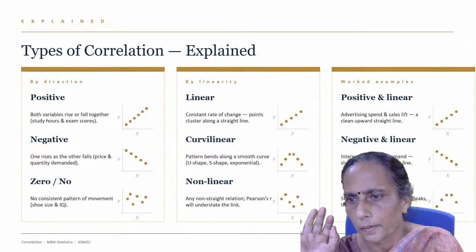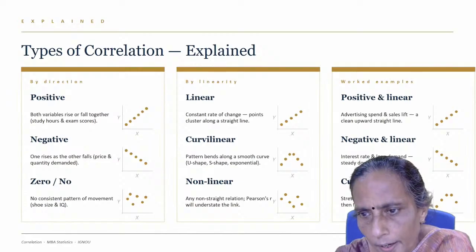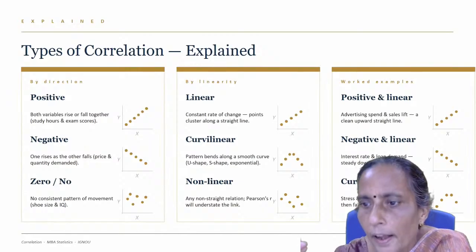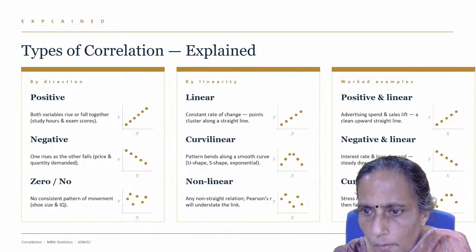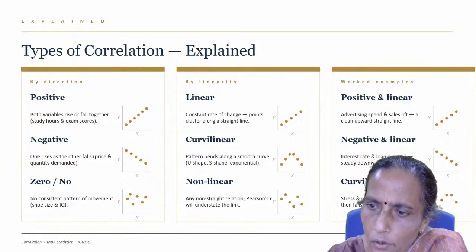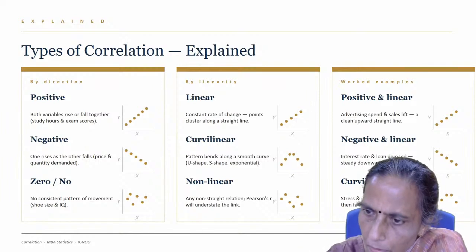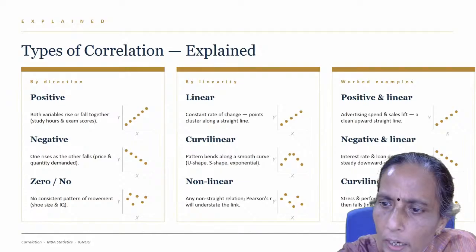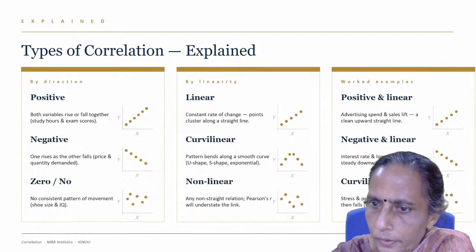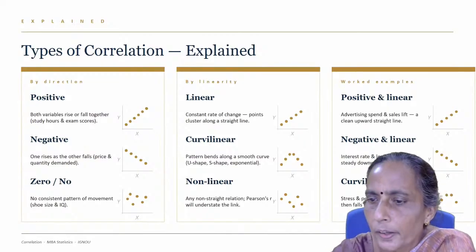So, these are the worked examples. Suppose a positive and linear: advertising spend and sales lift. That means the amount that a company spends towards advertisement and the sales performance in the market, a clean upward straight line. So these two are positive and they are linear.